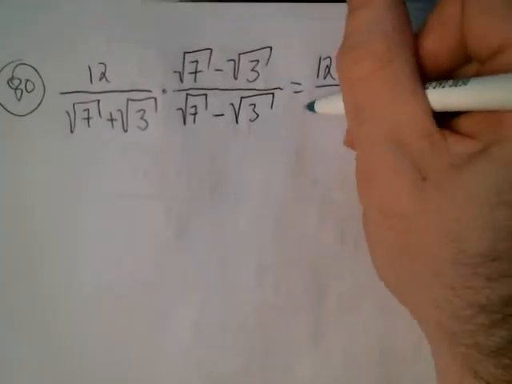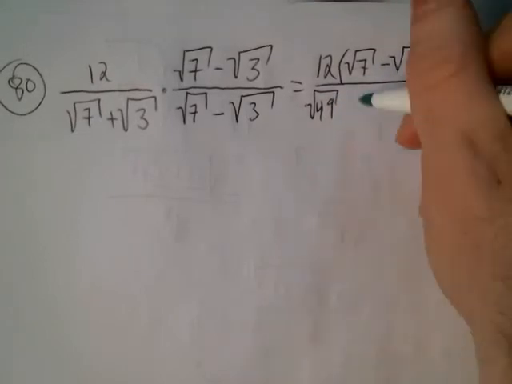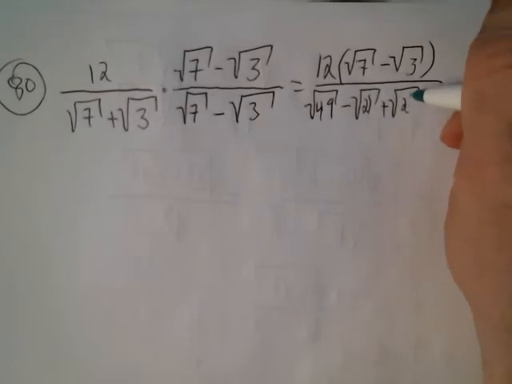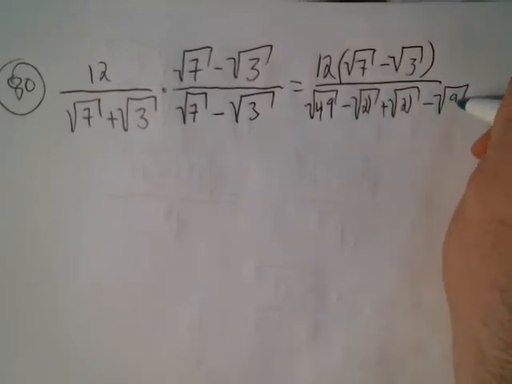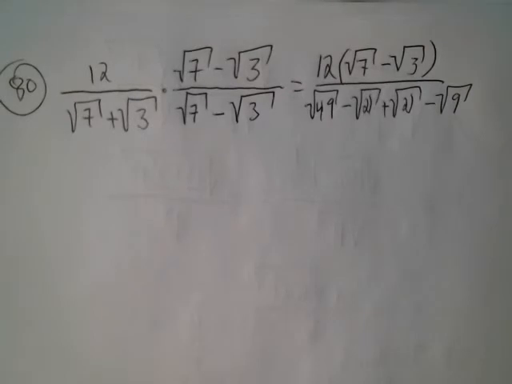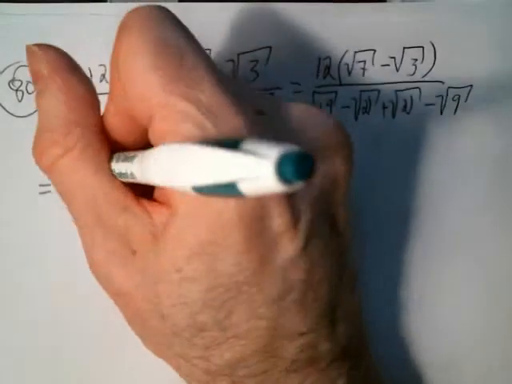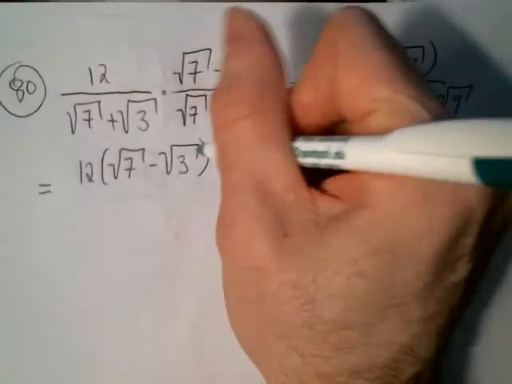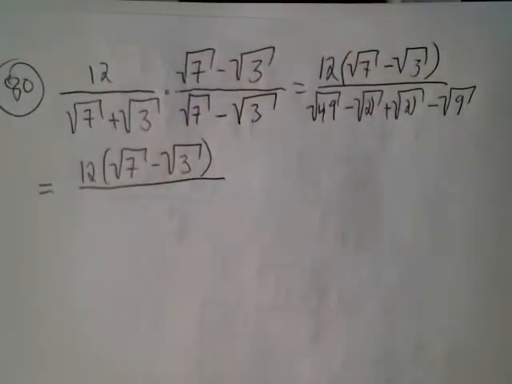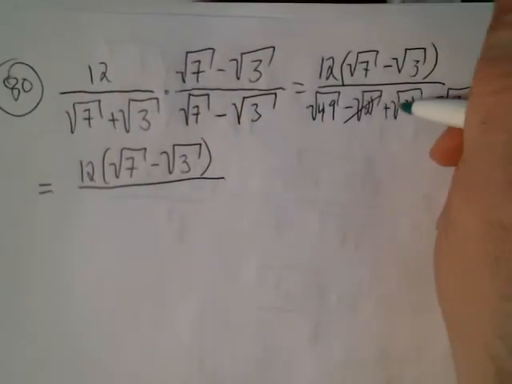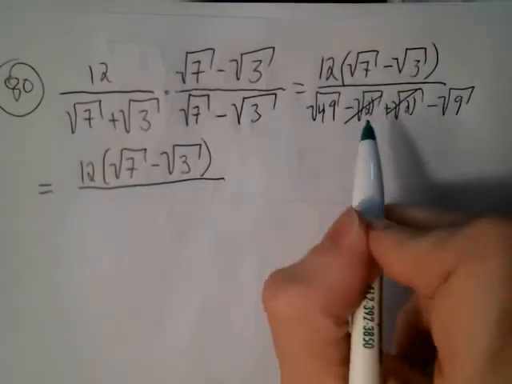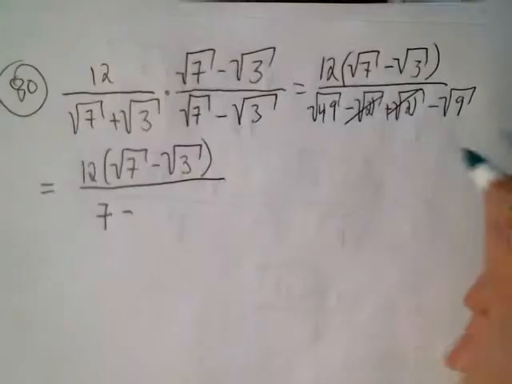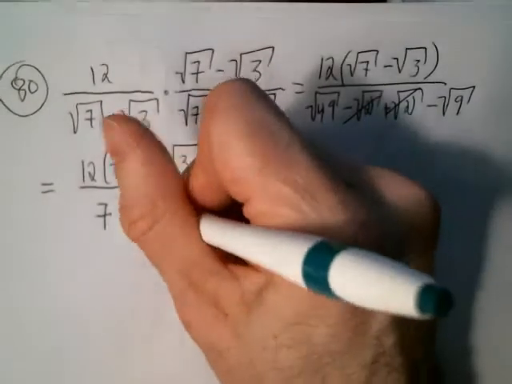In the denominator, I'll have square root 49. The outer, minus square root 21. The inner, plus square root 21. And then the last, minus square root 9. Those 2 middle terms are the same, so they go away. Square root of 49 is just 7, minus square root of 9 is just 3.